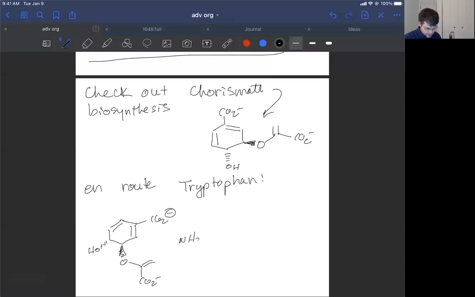What we're going to do is first make a molecule called anthranilic acid, or anthranilate, if you've got that zwitterionic deprotonated form. So here the ammonia is going to add to this double bond. We're going to push electrons through and then push off this OH. And the book says this is going to be coordinated to a magnesium to activate that loss of OH.